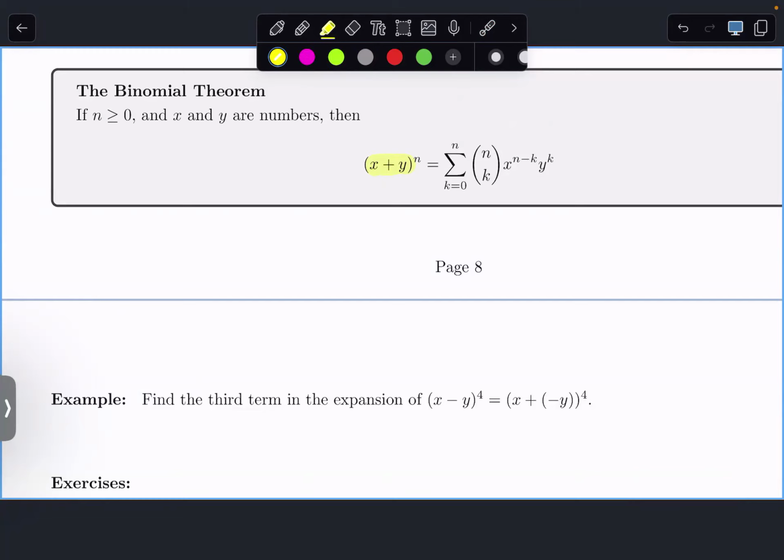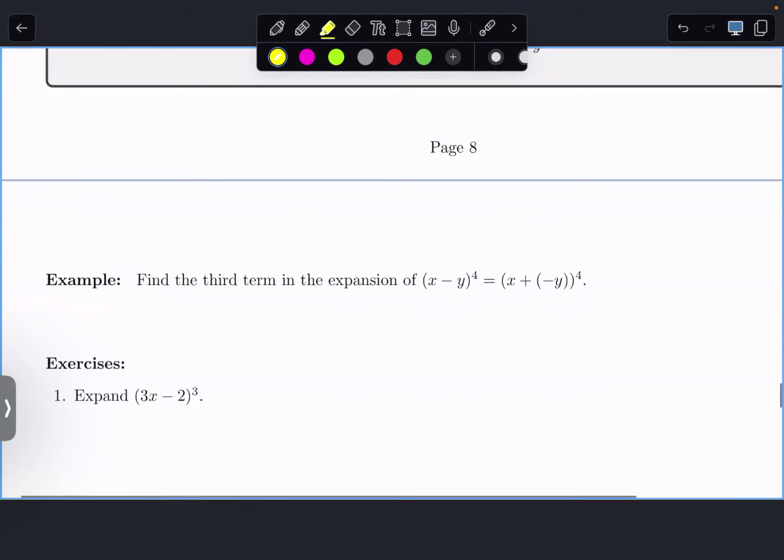One way to rewrite x minus y is to say that's the same as x plus negative y. That's how subtraction works anyway, right? But now wherever I see a y in that formula, I have to use negative y instead.